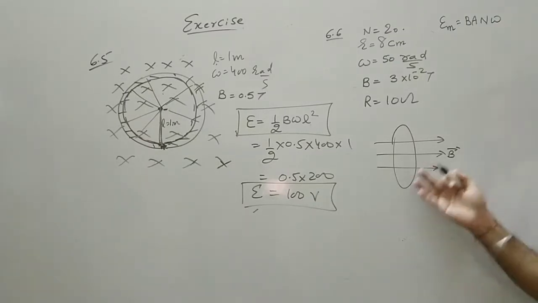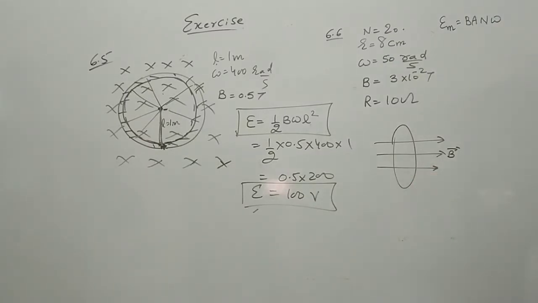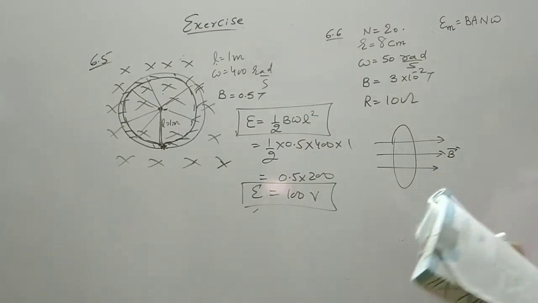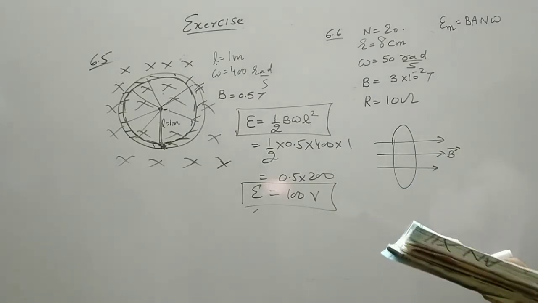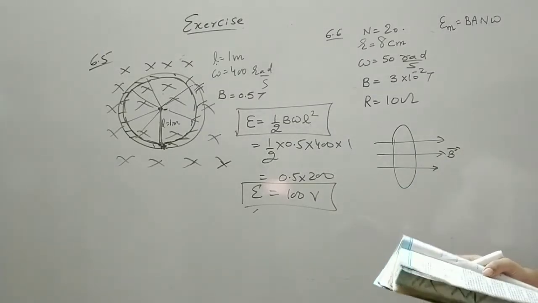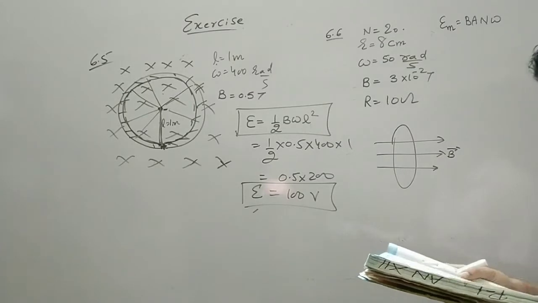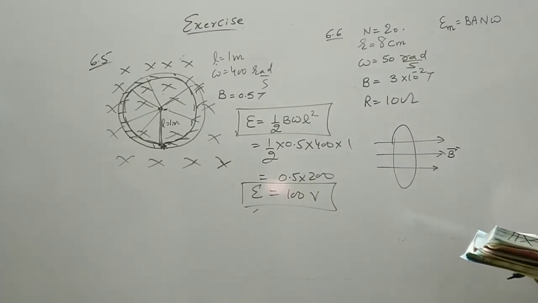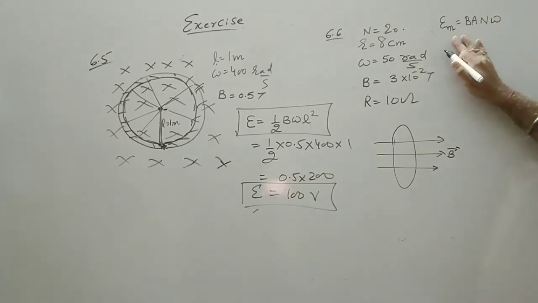So when the flux changes, the EMF is induced, and here the coil is rotating in a magnetic field about a vertical diameter with an angular speed of 50 radians per second in a uniform horizontal magnetic field. So obtain the maximum and average EMF induced in the coil. So this is the maximum EMF which is induced in the coil.